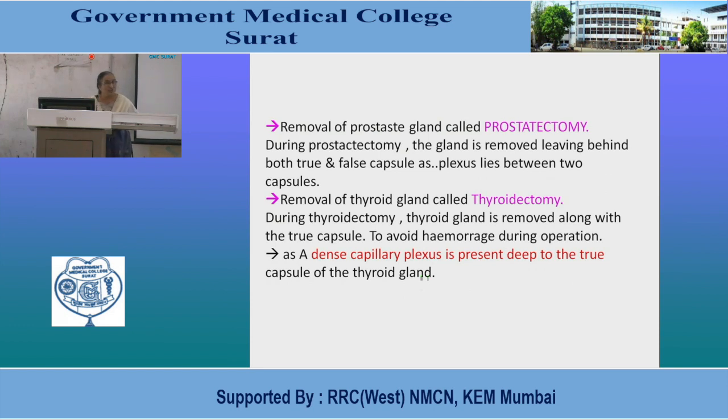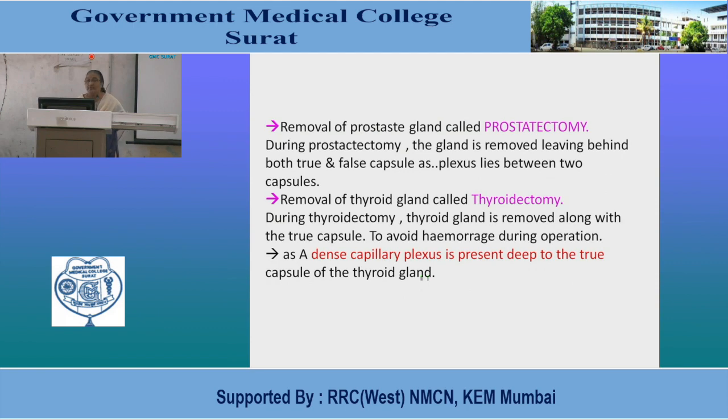So in the capsules of the prostate, between the true and the false capsules, the prostatic venous plexus is located. That's why during the operation the gland is removed, leaving behind both capsules, because the plexus lies between them. Now during thyroidectomy, what happens?